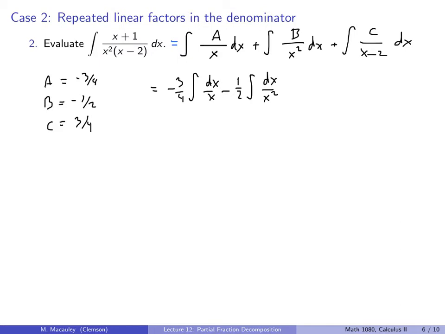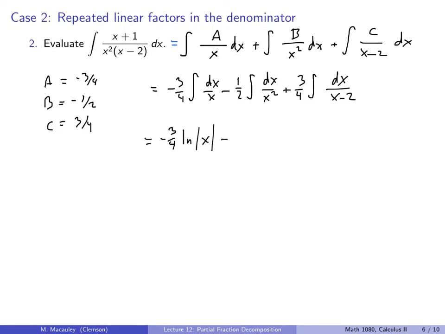And let me add 3/4 integral of dx over x minus 2. So now this is easy. This first term is negative 3/4 natural log of absolute value of x.